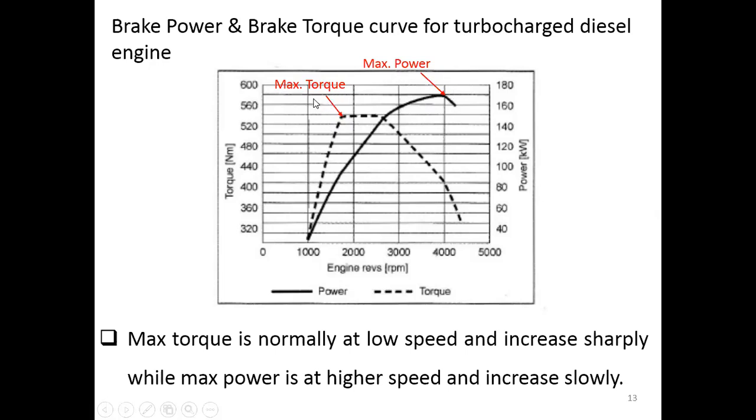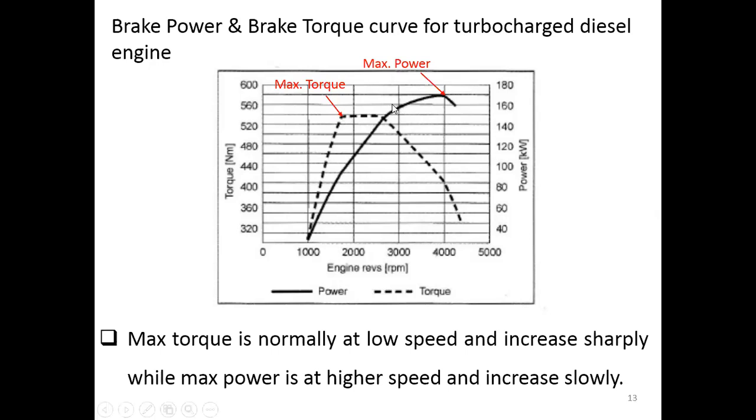So that's the reason why when we start to run the car, torque is more important, because we want the torque to push the engine to start walking. Okay, so we want the torque as high as possible at the lowest possible engine speed, so that our car can have a quick start, a quick takeoff.